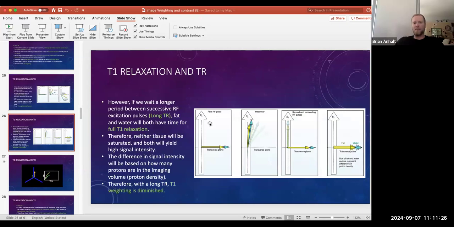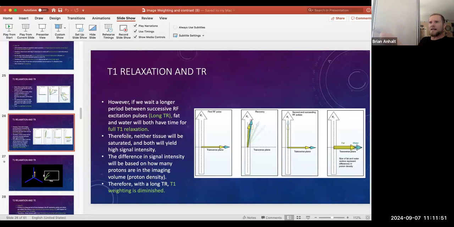So look, however, if we wait a long period of time between successive RF excitation pulses, fat and water will both have time to fully recover longitudinally, right? So if we excite and then we wait and then we keep waiting, eventually both of them will fully recover, right?